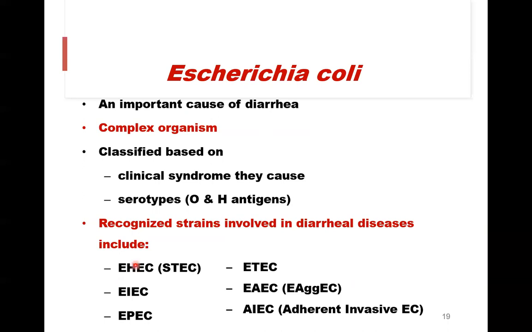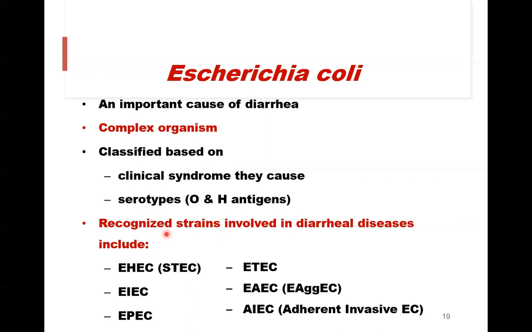So this organism, Escherichia coli, is a complex organism, okay? Now, we can classify the strains that are associated with human GI infection based either on the clinical syndrome or the serotypes that we identify in clinical samples. Now, there are recognized strains, and you'll find out in a moment what that means.